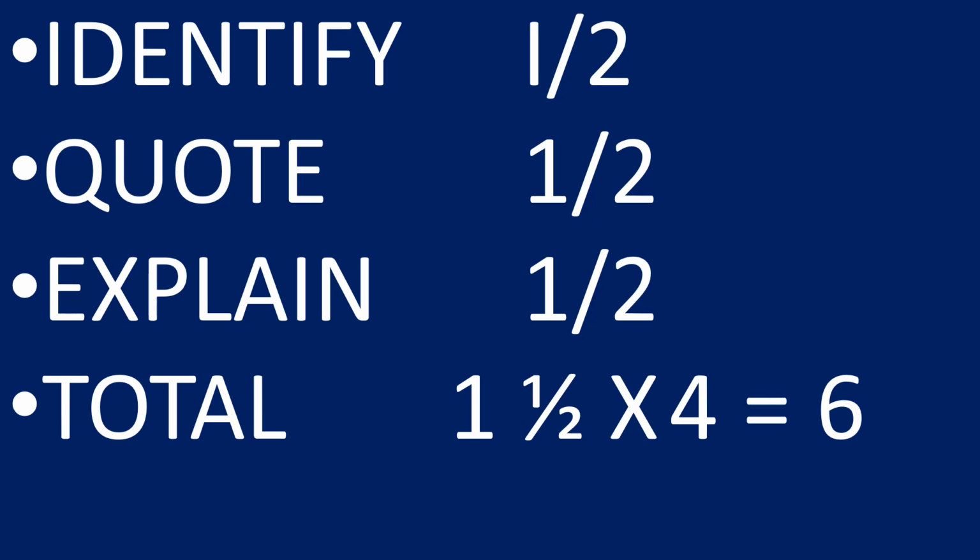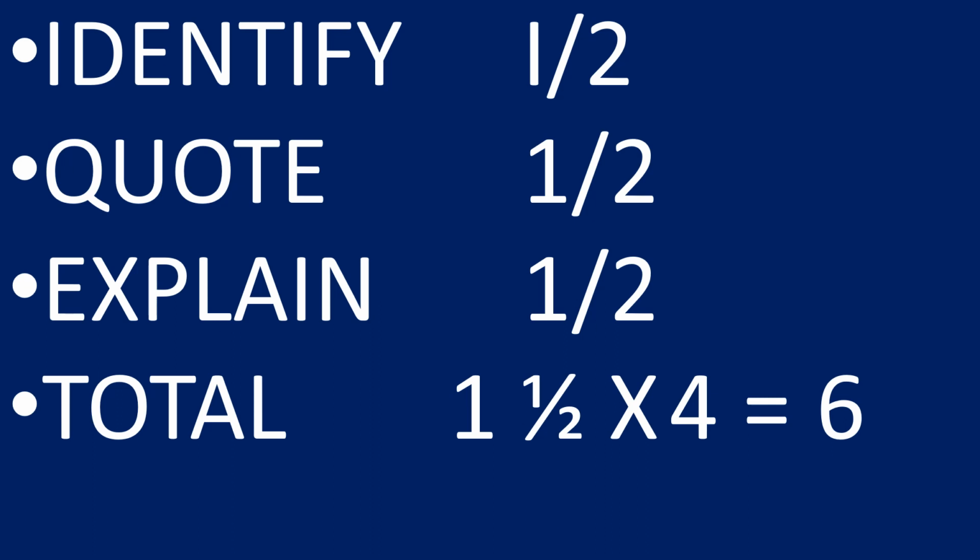Be very clear, because if the internal detailing is not given, you have to understand half of half each. 1.5 into 4 is equal to 6. This way you will go. If there are 4 points, then it goes with 1.5 each.